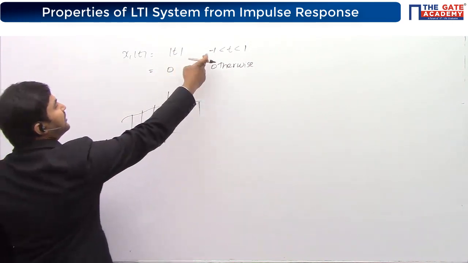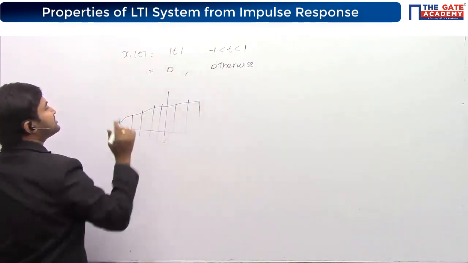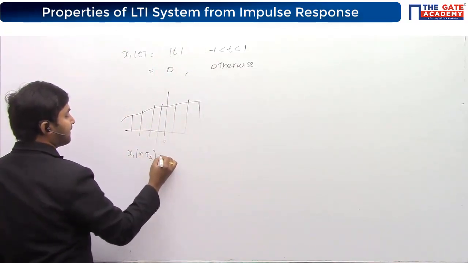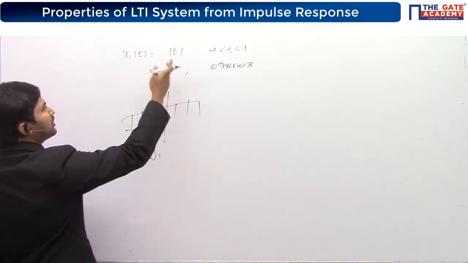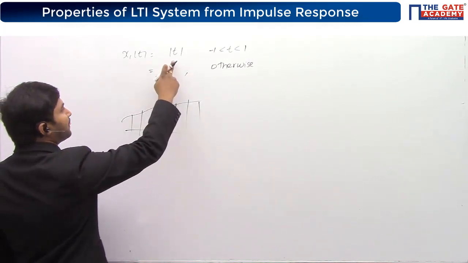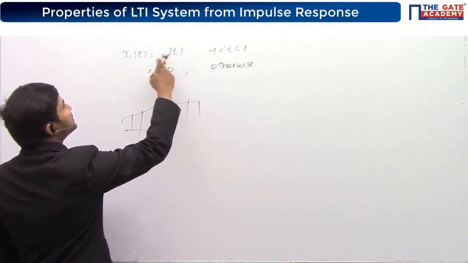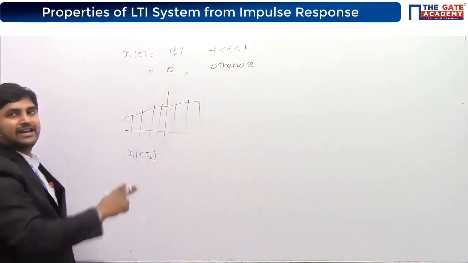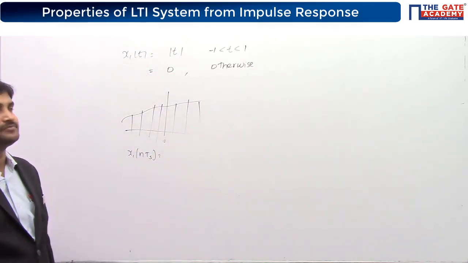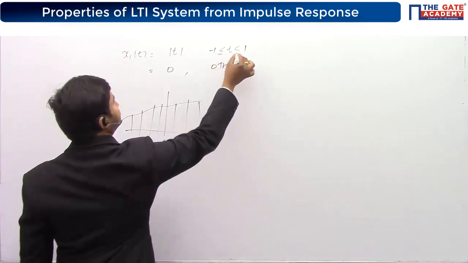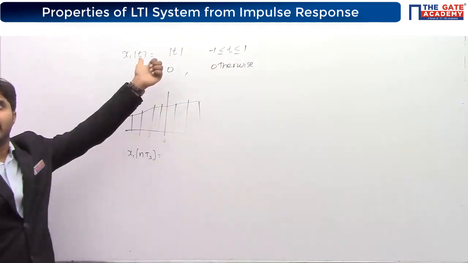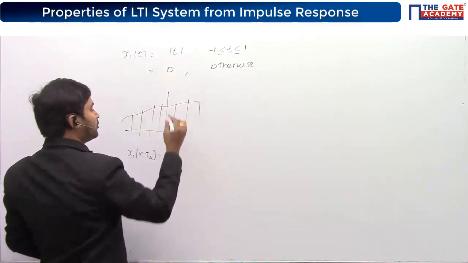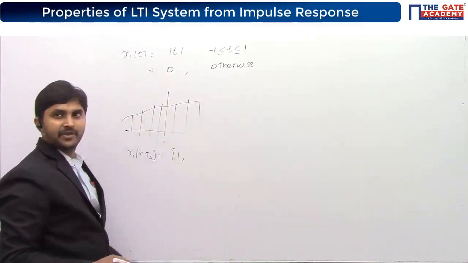Okay, so let us start from -1. If I am talking about the sampled signal, can you please tell me what is the value of x1 of minus 1? x1 of minus 1 is mod of minus 1, which is 1.